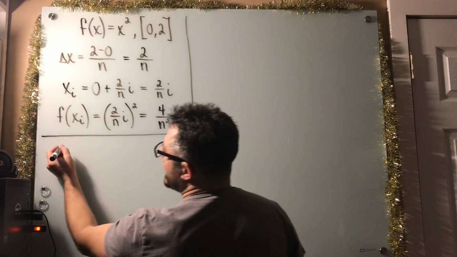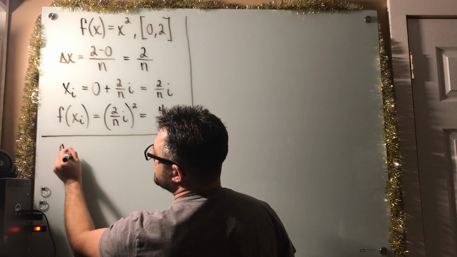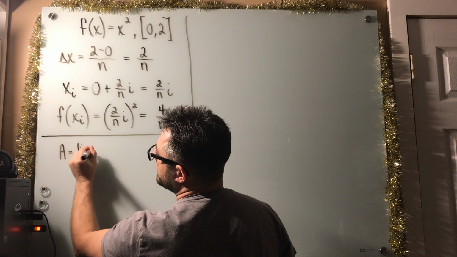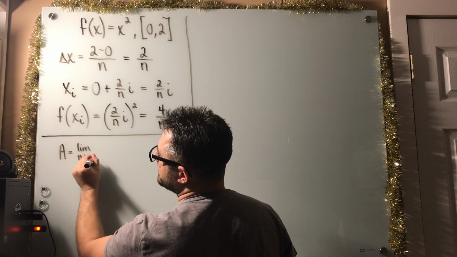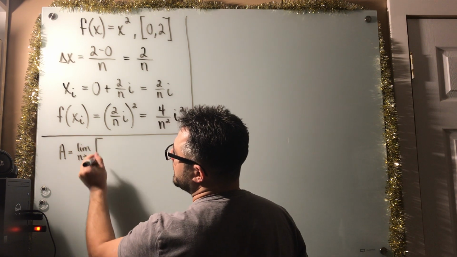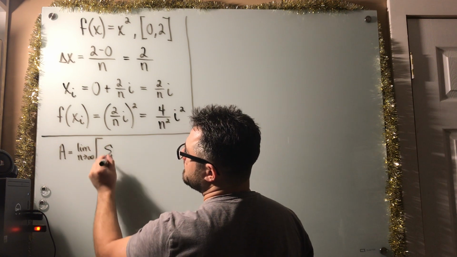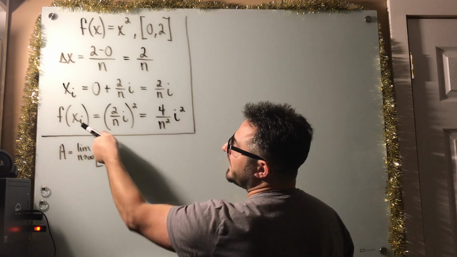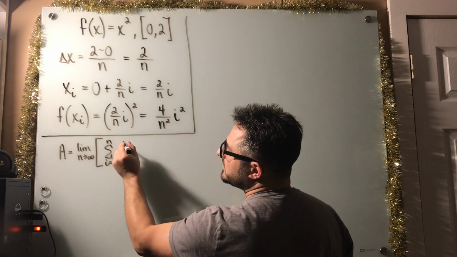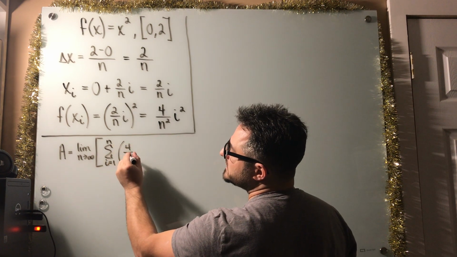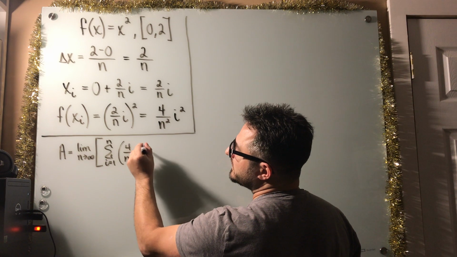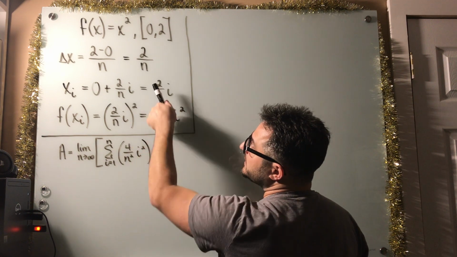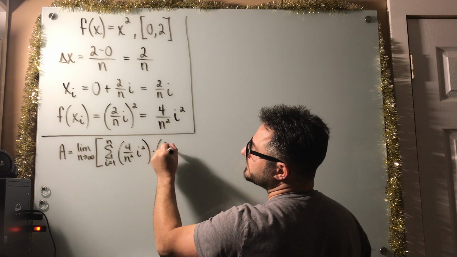Now, the exact area is the limit as n goes to infinity of the Riemann sum, where f of x sub i is 4 over n squared i squared times delta x.